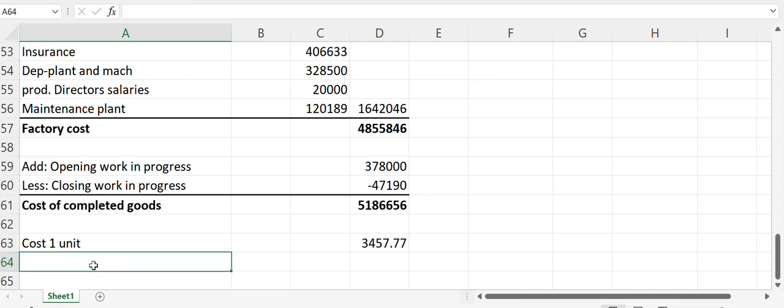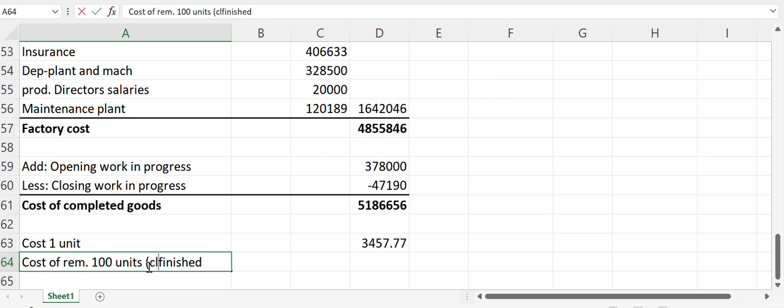What about now the cost of the remaining 100 units? This should give us what we call closing finished inventory.